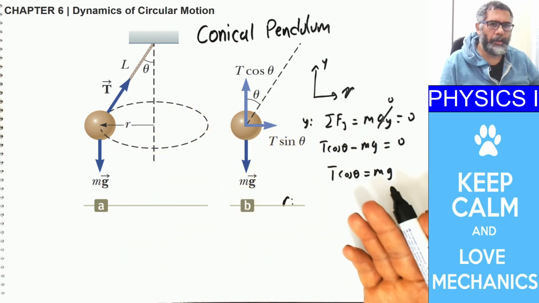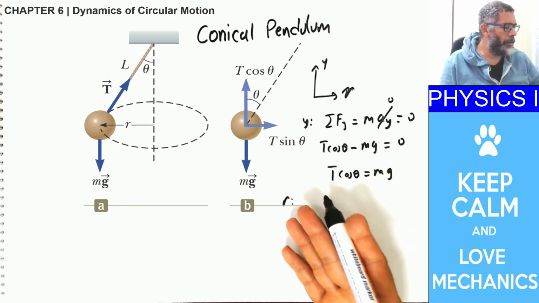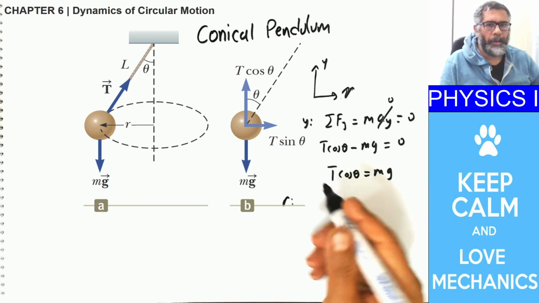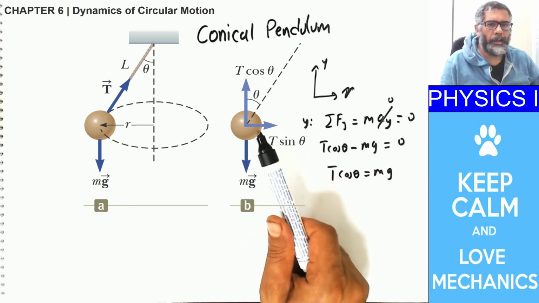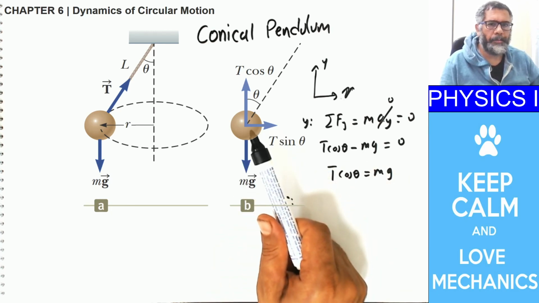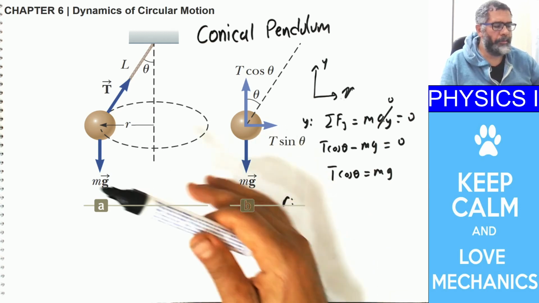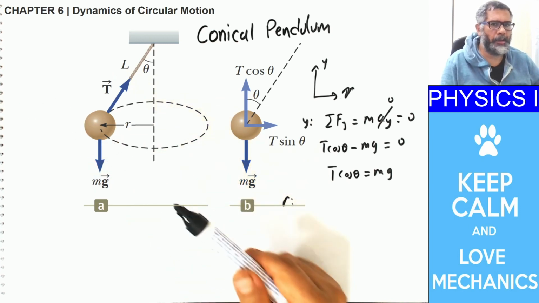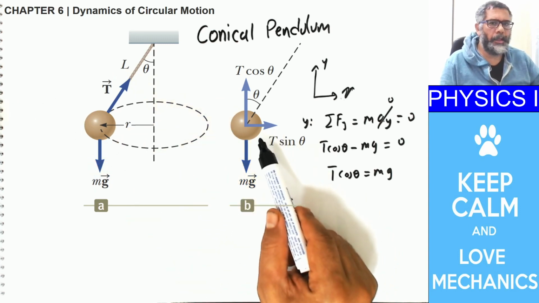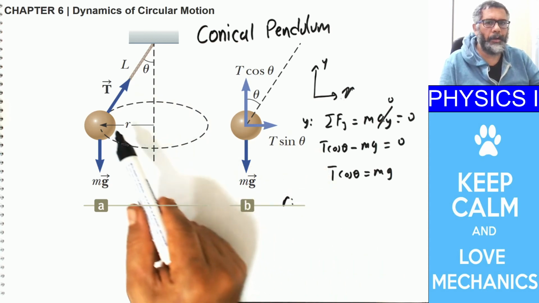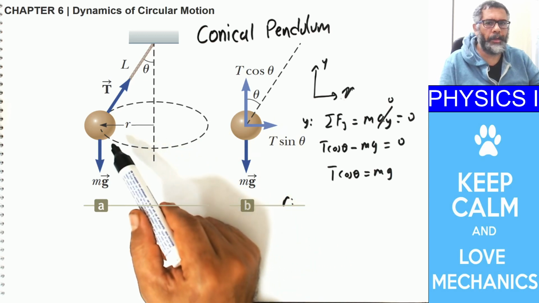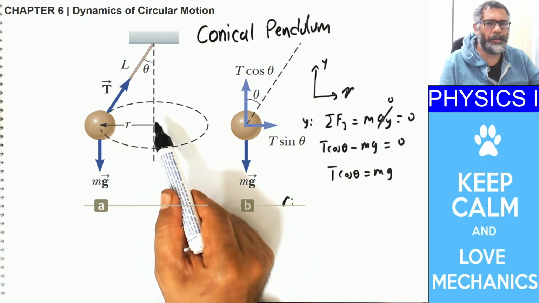So why not just write down the force equation in the radial components? When you look at the object's motion in the vertical plane, in the circular plane, let's say, wherever the object is, this T sine theta force is always going to be toward the center of the circle.